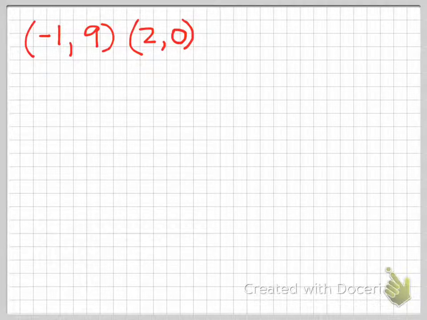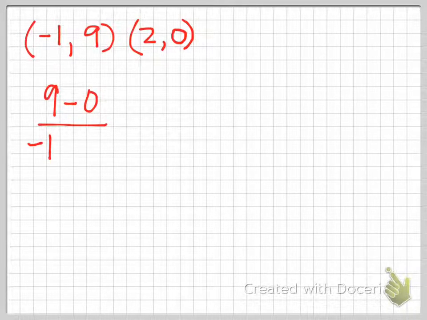The formula for slope is y minus y over x minus x. And remember those subscripts, y2 and y1. It's just to keep things organized and in order.